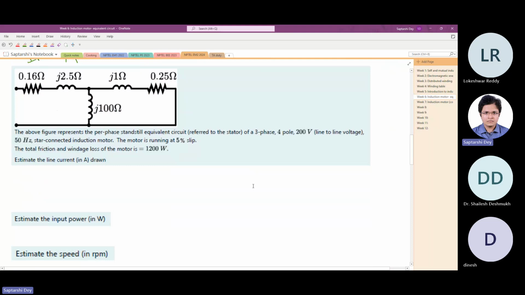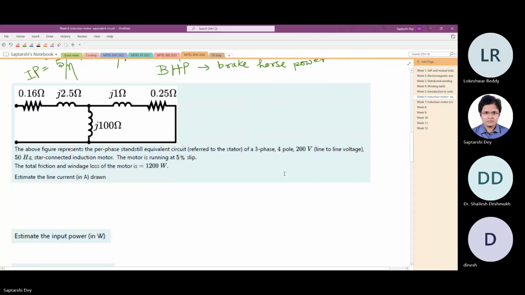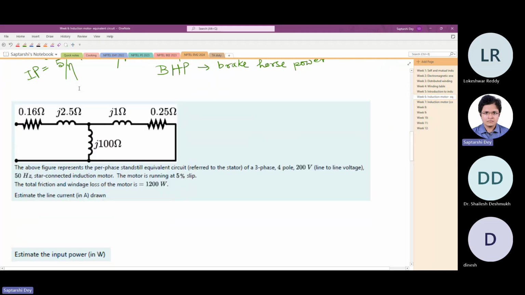So this is the equivalent circuit of one induction motor, the per phase equivalent circuit, and they have mentioned the standstill equivalent circuit, referred to the stator, of a 3-phase 4-pole 200 volt.